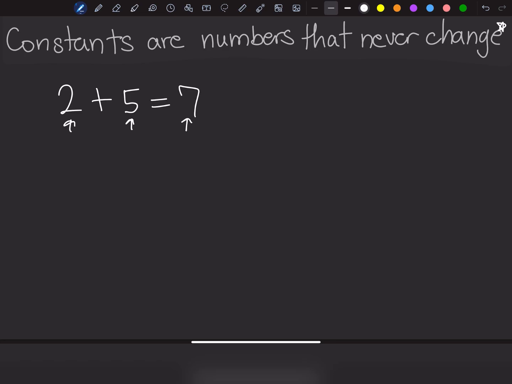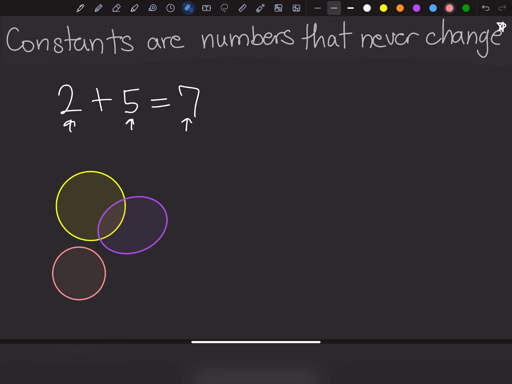Okay? What's another special thing about these constants? Well, what if we use this in a problem, right? Let's say I have 3 balls. A yellow ball, a purple ball, and a pink ball. Okay, so I have 3 balls here. And all of a sudden, let's say I want 7, right?